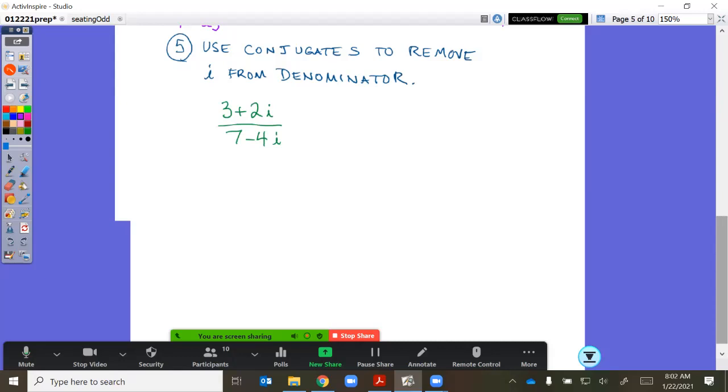So what's the conjugate? Oh, 7 plus 4i. Thank you for using a different sign.